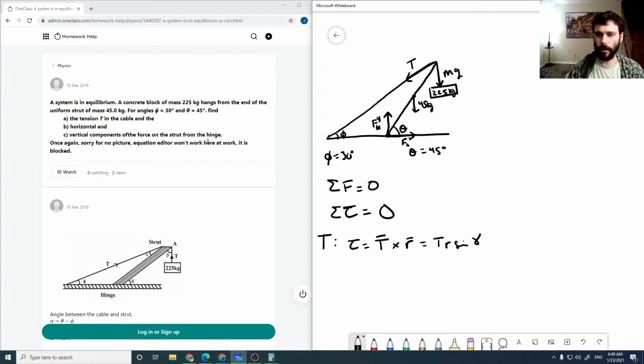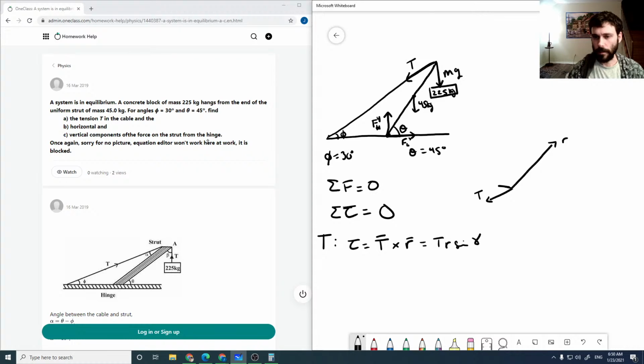Now to figure out the angle that we are referring to, we put the vectors tail to tail here. So our tension kind of points out this way, and our R points out this way.